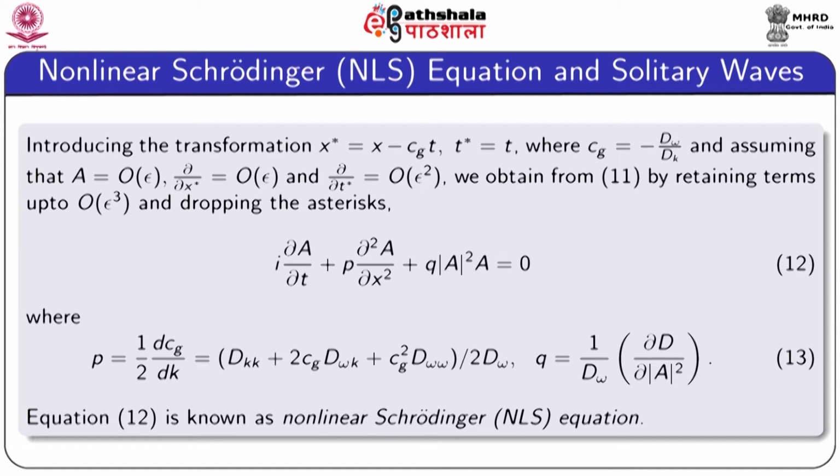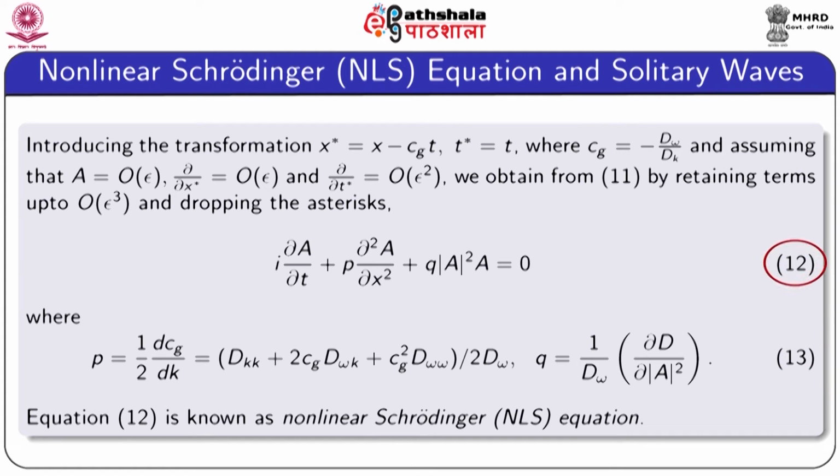We also assume that ∂/∂x star is of order epsilon and ∂/∂t star is of order epsilon squared. Thus, retaining the terms up to order epsilon squared, we get from equation 11 the relation i ∂A/∂t + p ∂²A/∂x² + q |A|² A = 0, where the parameters p and q are defined as given in equation 13.